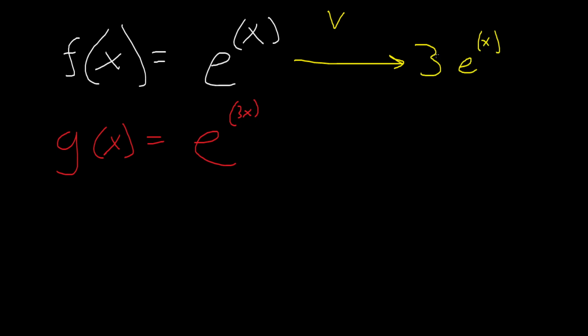So the 3 would be outside of parentheses. Outside of the parentheses is always vertical, whereas inside the parentheses is going to be horizontal. So right now we're talking about horizontal, so we're talking about inside those parentheses. So inside of those parentheses, that's what we've got. We've got e to the 3x. We're going to focus on that right now.